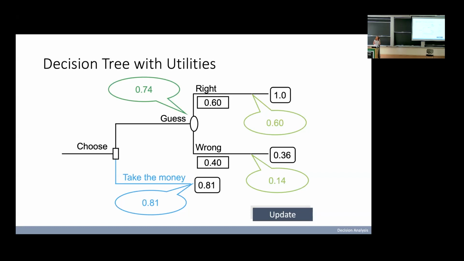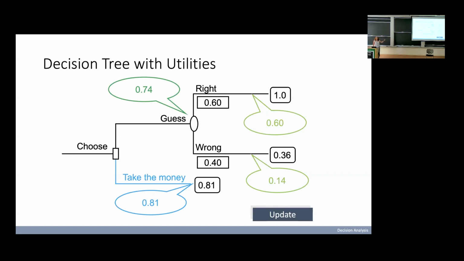I just made it up, but that's the utility of 0.36. If we get the 400,000, the sure thing, take the money, we would value that at 0.81. It makes sense that if we get very little money, we have a lower utility than if we get more money. And so we can again calculate our expected value.